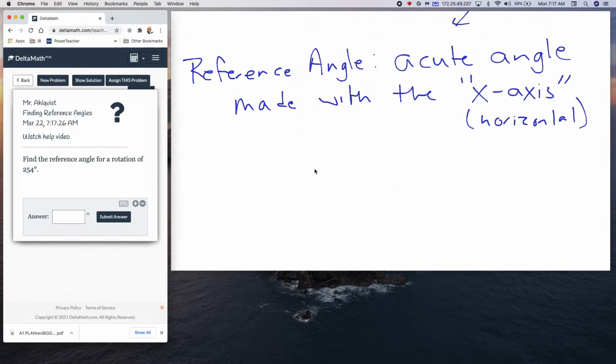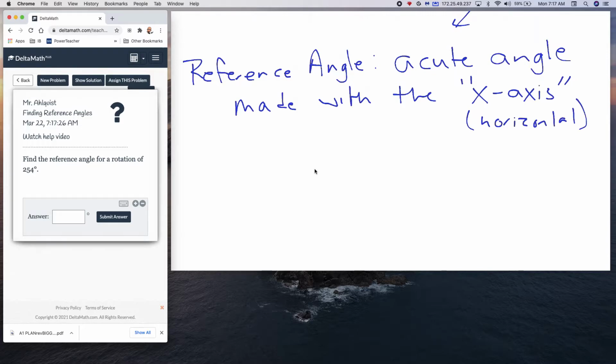So all reference angles, you're going to find reference angles in the second quadrant by doing 180 minus the angle.